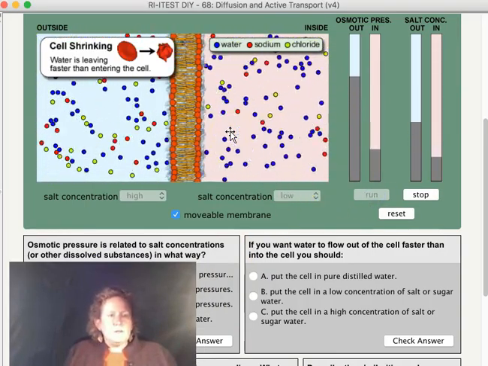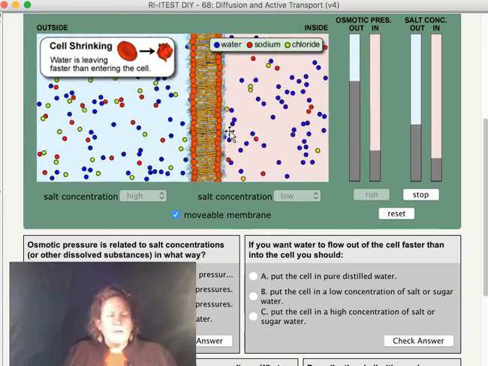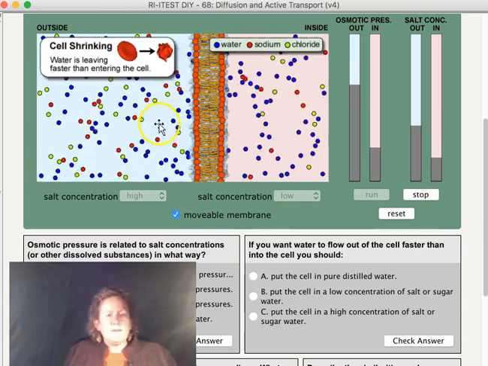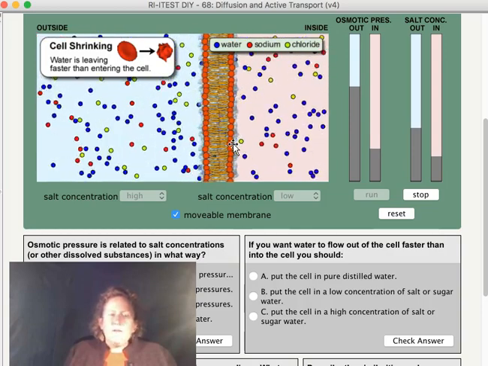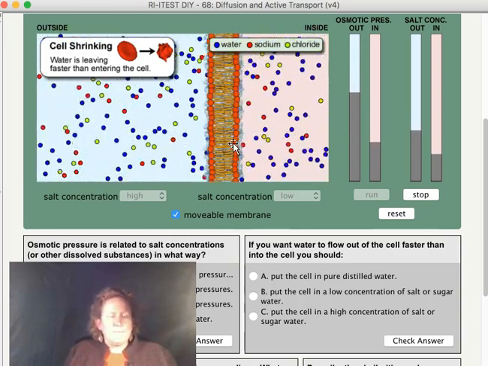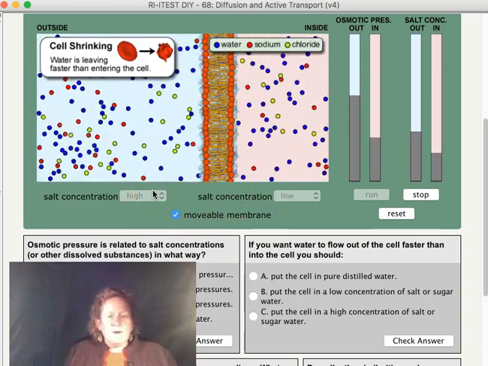Here we've got a situation where water is leaving, the cell is shrinking, and the water is flowing out of the cell faster than into the cell. So look at the concentrations here and figure out what you need to answer.